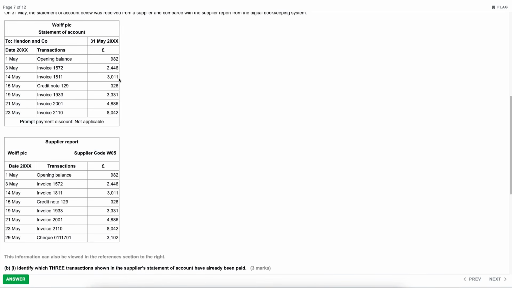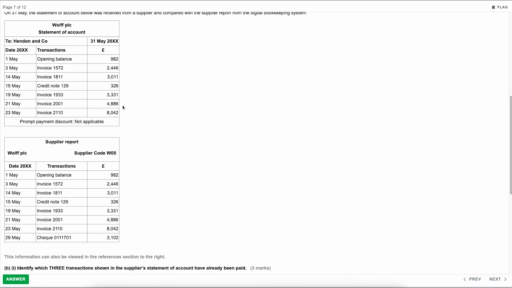Now, all we need to basically do is find the figures now within the statement of account that match off against those figures. Now, I would always start with the earlier ones, because there's no point starting from the end. But we can see that this check was sent on the 29th of May. Now, obviously that does mean it could cover any of those invoices.